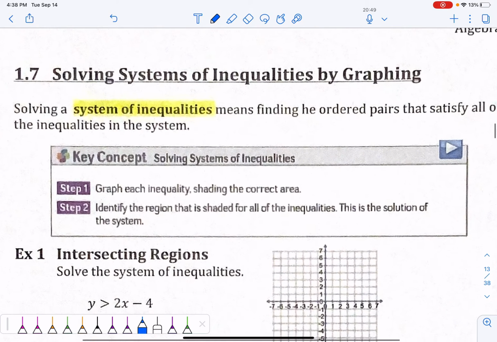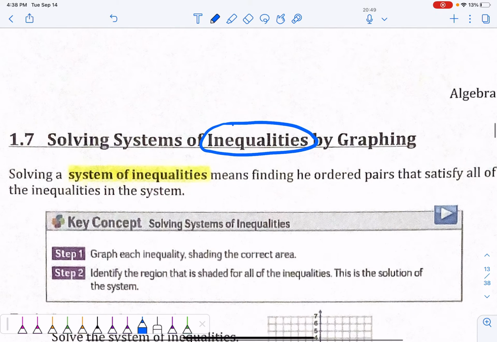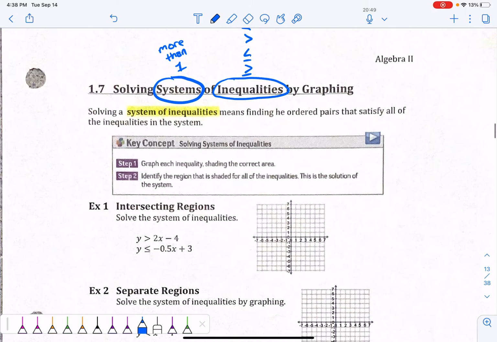Solving systems of inequalities. We've had inequalities before, and those are the less than, greater than, less than or equal to, and greater than or equal to. And we've had systems before, like we did yesterday, where you have more than one equation. Down here we have two equations, and all we're doing is graphing them and doing some different things with shading.